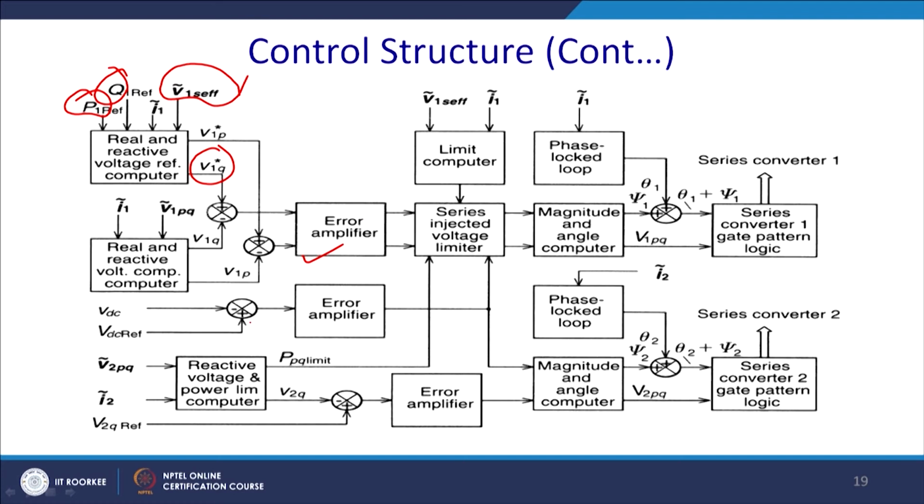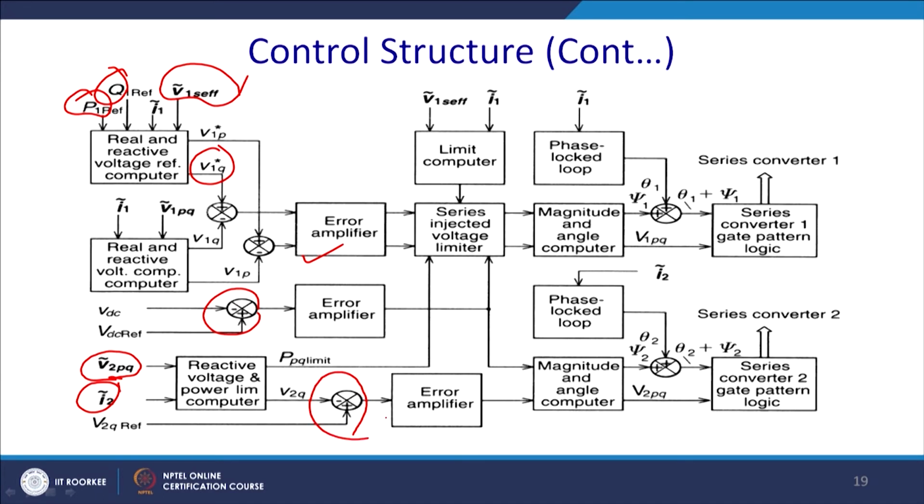So, VDC and VDC ref, from there you will have an error amplifier, and similarly, this is for 1, and we assume that 1 is prime and 2 is supportive. Similarly, V2Q will be for some exchange of the power, and this is I and this will be IQ, and from there you will get the reactive power.